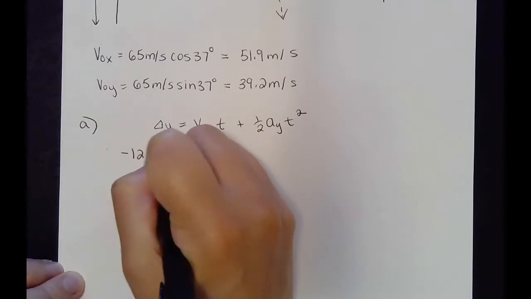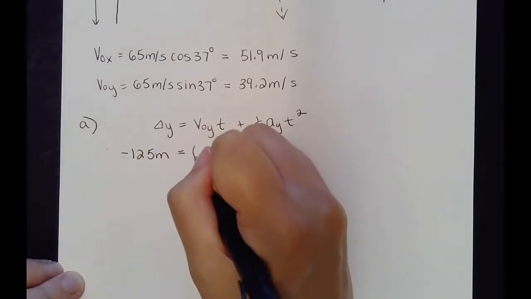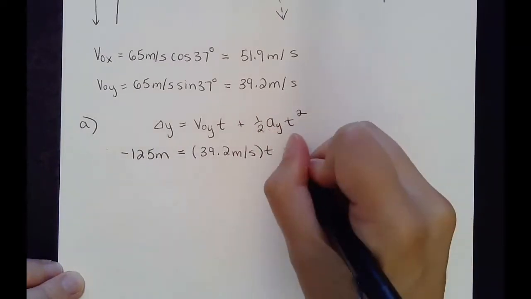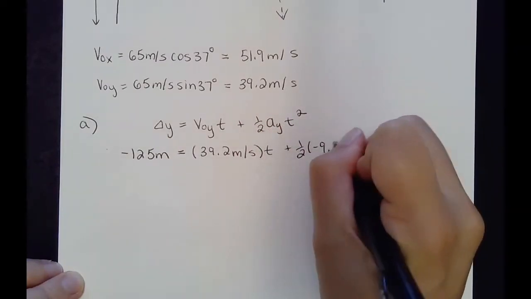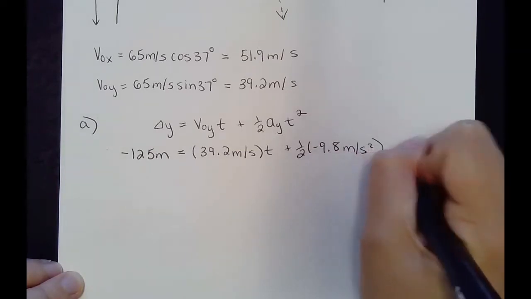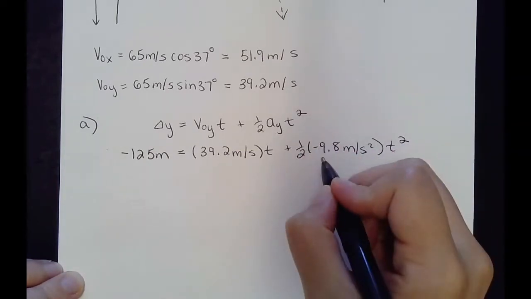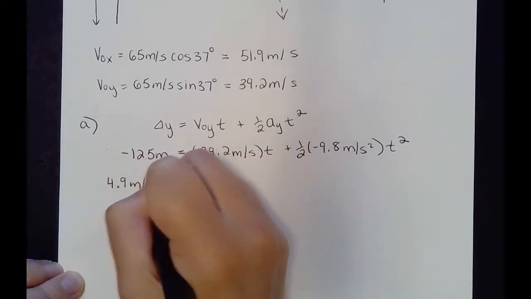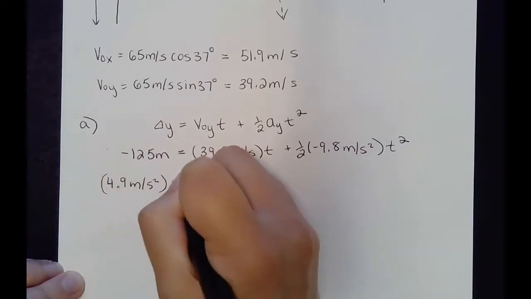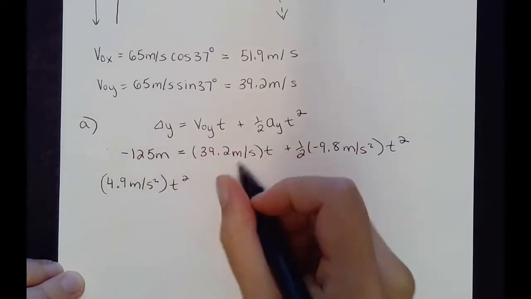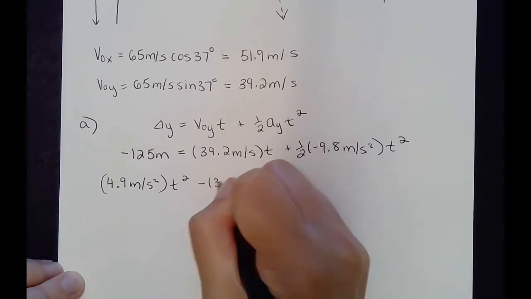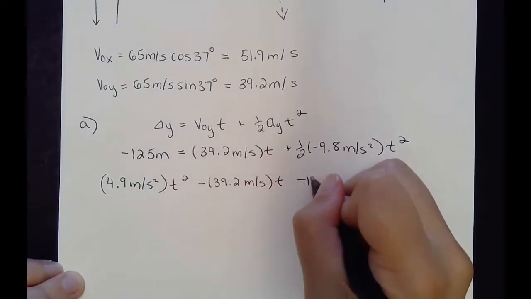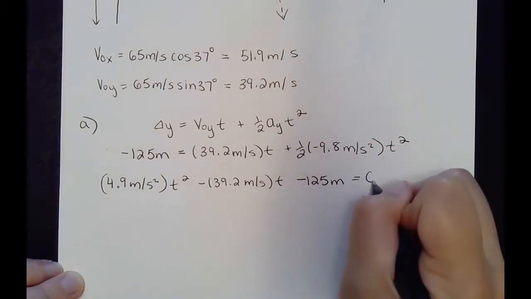Negative 125 meters equals 39.2 meters per second t plus 1/2 times negative 9.8 meters per second squared t squared. So this is negative 4.9. I'm going to move it over and it becomes positive 4.9 meters per second squared t squared. Moving this over as well, it's negative 39.2 meters per second t, and then we have minus 125 meters equals 0.